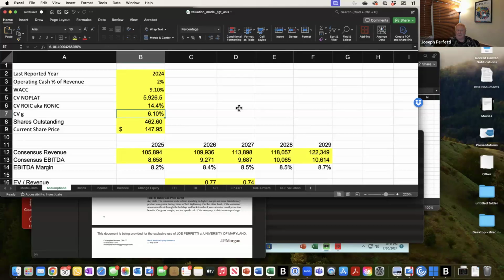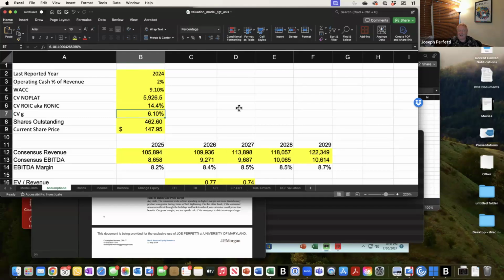But I will tell you, this is their share price today. And so that's the whole point. When you do an as is, what I like to remind people is the as is is not whether you agree with it or not. The share price is literally a data point that you're observing. And what we're trying to say is, okay, what cash flows lead to that share price reasonably?